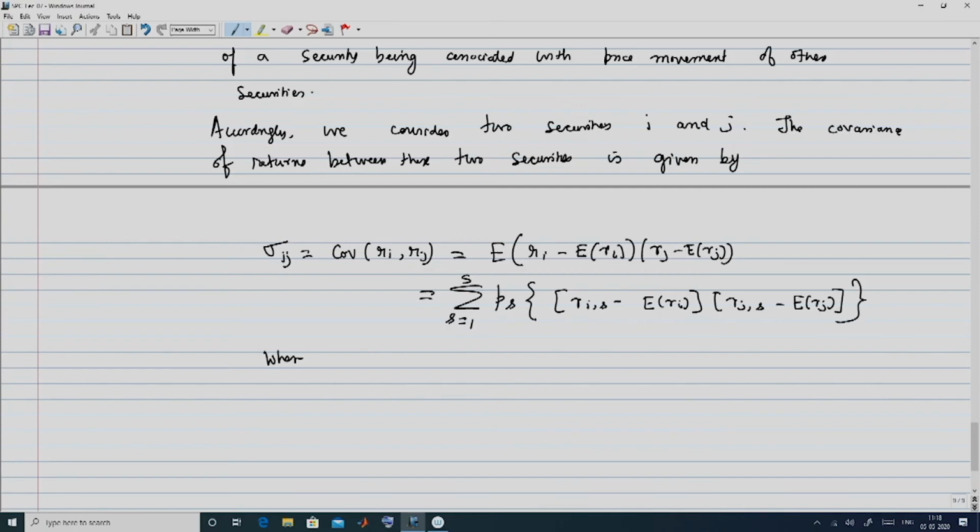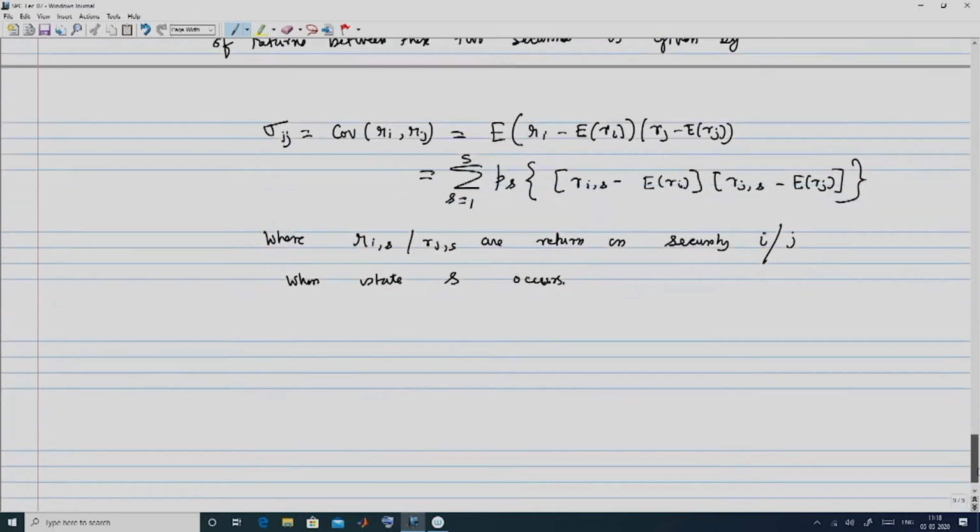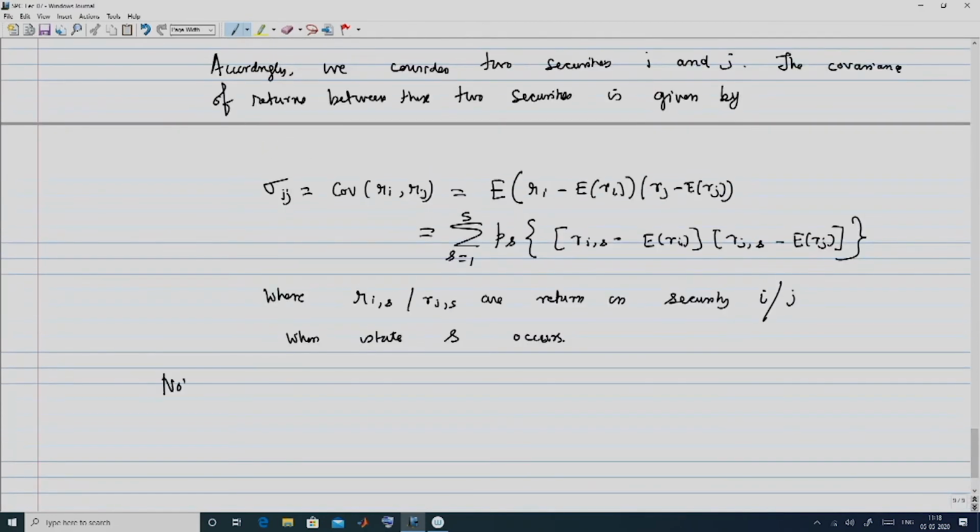where Ris and Rjs are returns on security i and j respectively when state s occurs. Okay, so just a couple of observations that follow.